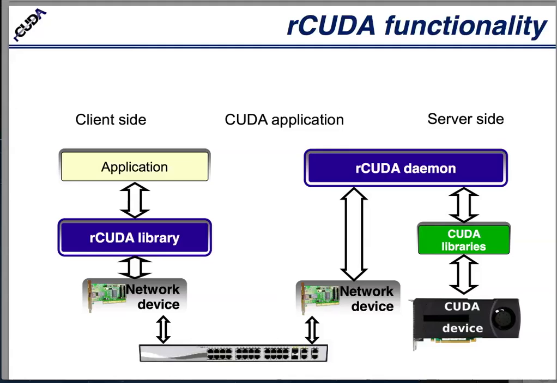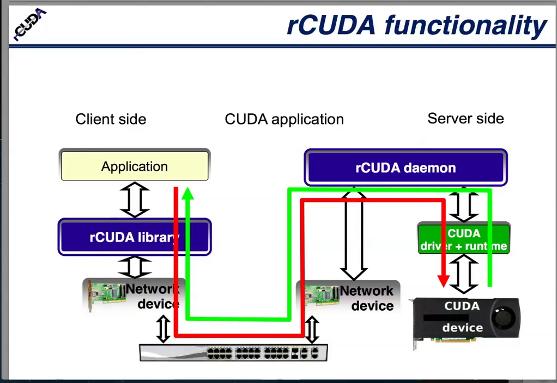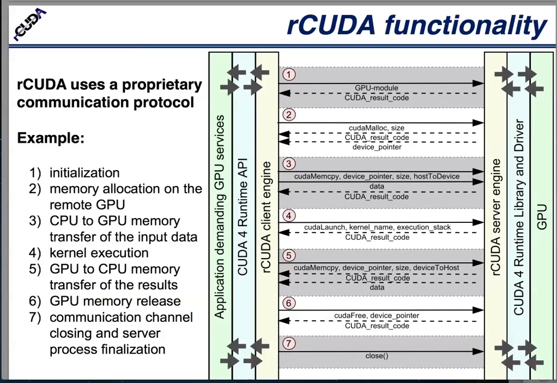So applications are not aware that they are dealing with the rCUDA library instead of the original CUDA one. This library is in charge of intercepting the calls to the CUDA runtime and forwarding them to the server side where the rCUDA daemon is listening for requests. And this daemon is in charge of executing the remote requests on the real device and sending back the result of those executions.